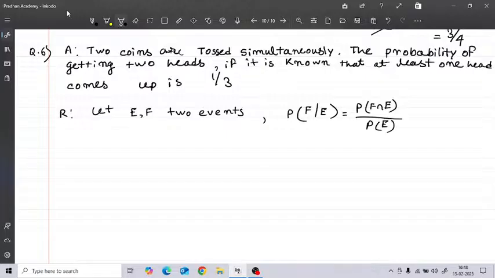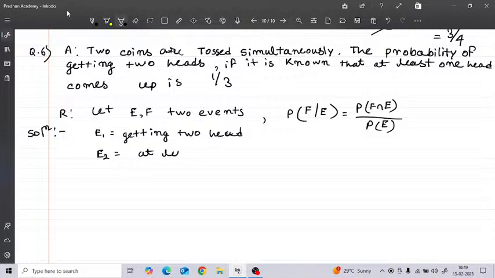Now here you can see that the reason is correct, but we have to conclude whether A and R are related or not. So let's find the solution. Here, let E1 denote getting two heads, and E2 is at least one head.